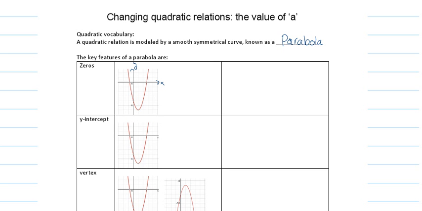How many times do you see this parabola crossing the x-axis? 2 times, right? So that means this one has 2 x-intercepts, or 2 zeros. The zeros are the same thing as the x-intercepts. It's when the graph intersects the x-axis.